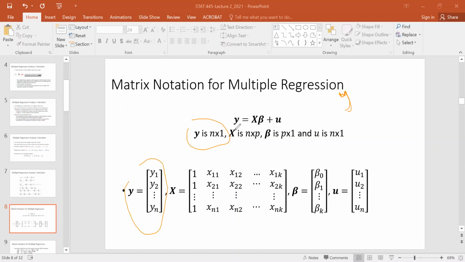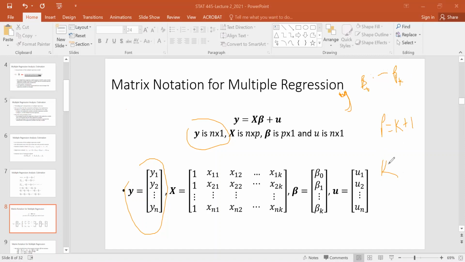What is X? X is an n by p matrix. Beta is p by 1. Remember, there are K regressors, beta 1 up to beta K, and then 1 for beta 0. Now, don't get confused. In some regression books or in your previous classes, they may use K to count beta 0 all the way to beta K. They are counting parameters.